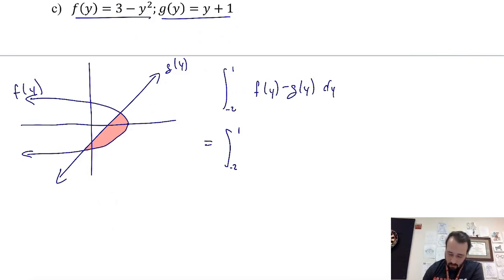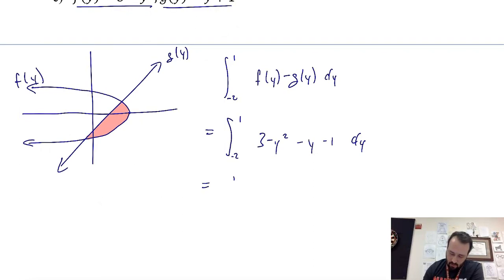Okay. So f of y is 3 minus y squared minus g of y, which would be minus y minus 1 dy. So I have the integral from negative 2 to 1 of negative y squared minus y minus 2 plus 2 dy.